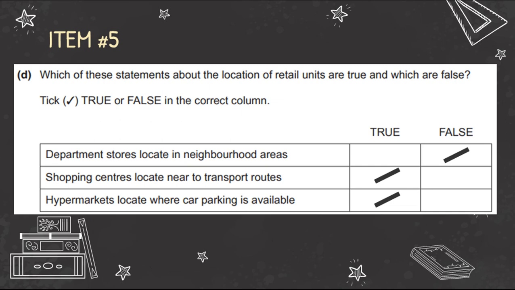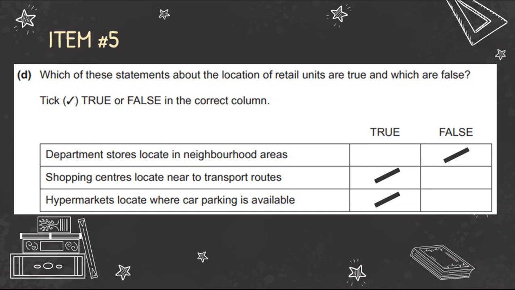And there's also the item that you need to take: true or false, which statements about the location of retail units are true and which are false. First, department stores locate in neighborhood areas.